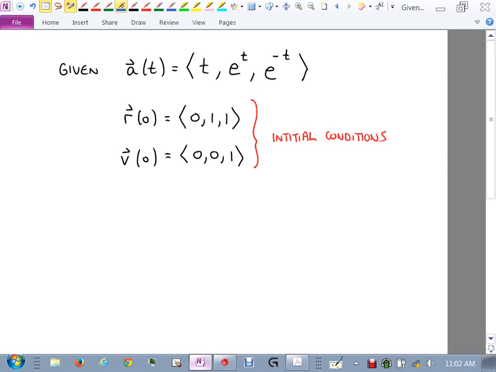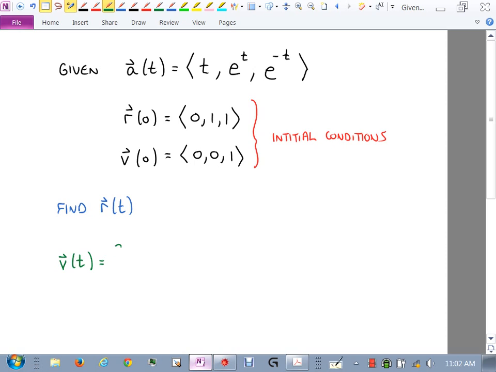So let's start by trying to recover the velocity function. Oh yeah, and we're asked to find r of t. Sorry, we're asked to find the general position of this object. So to start out, what I'll do is I'll find v of t.